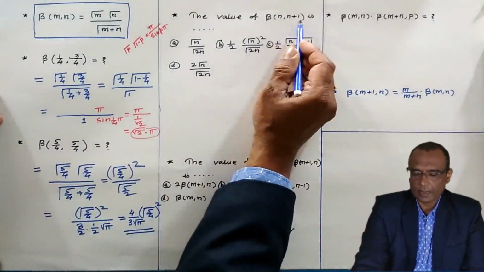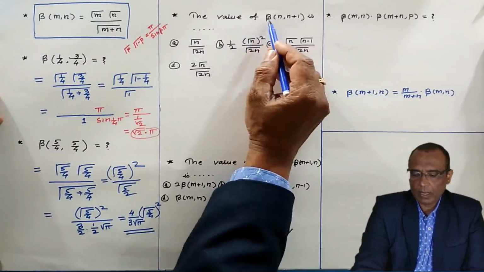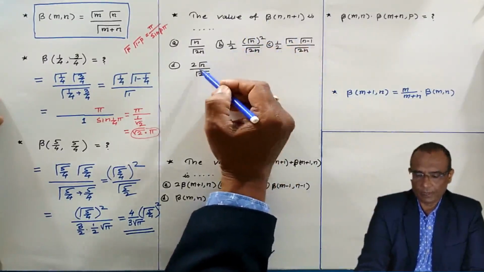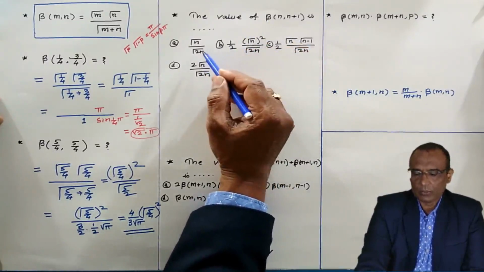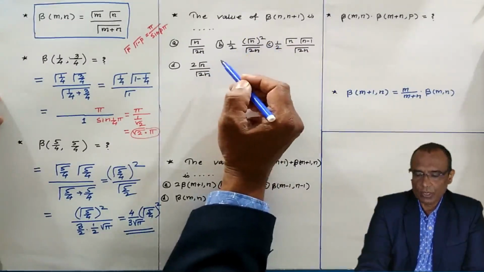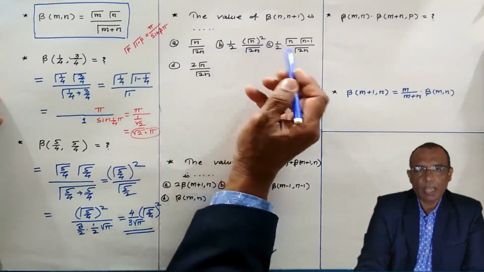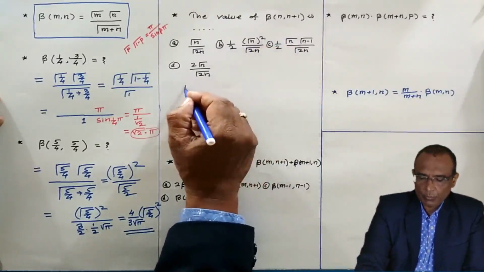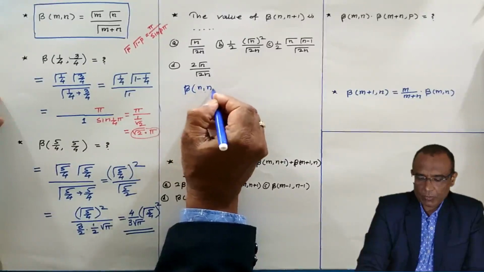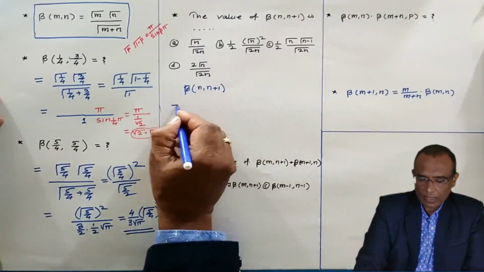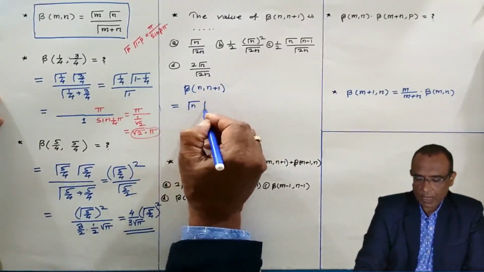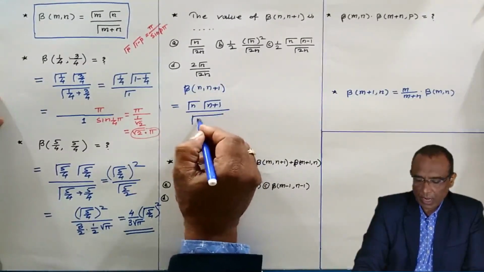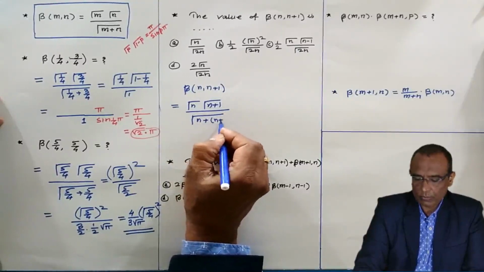Now, the same thing again. The value of beta is asked, and these 4 options are given. We are going to choose any one of these options. If the options are given in gamma, it is clear we should convert this into gamma. So beta n comma n plus 1 is written as gamma first element, gamma second element divided by gamma of the addition of the 2.